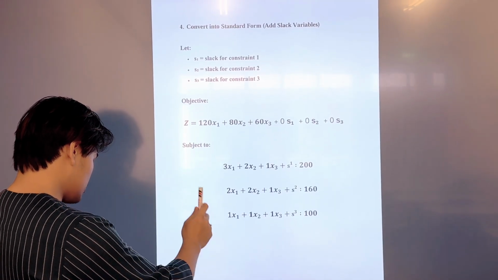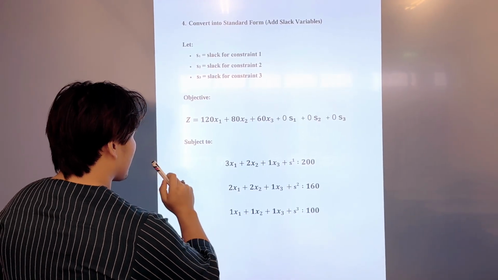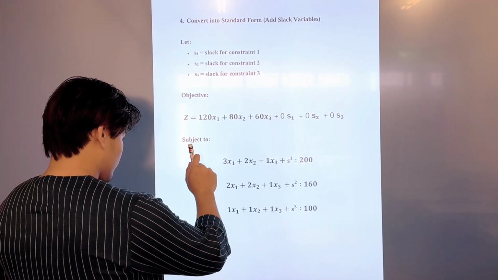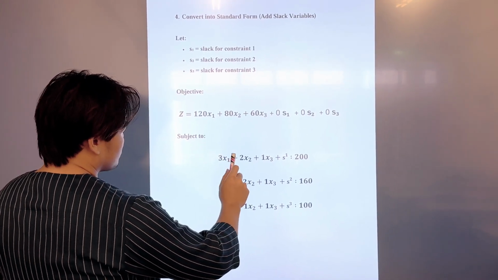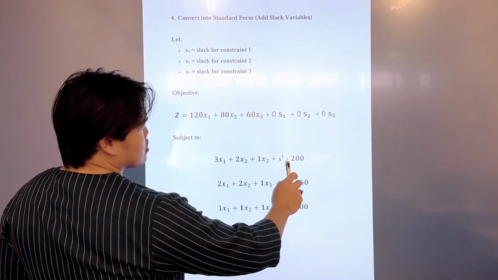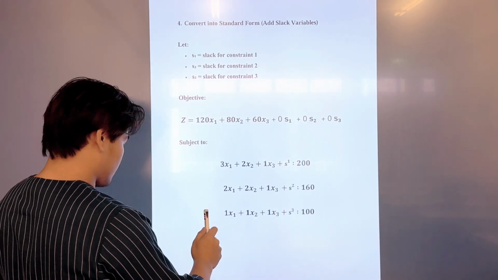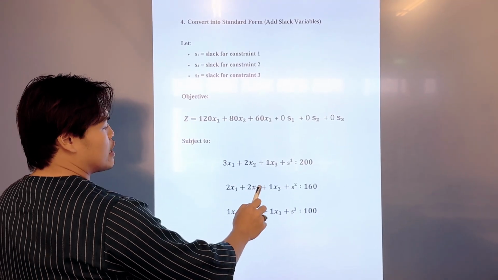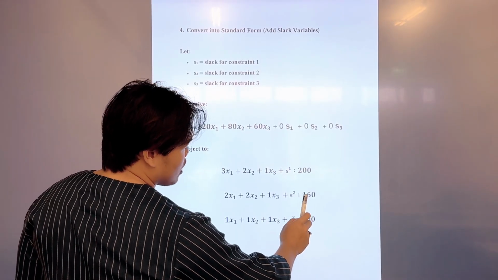Simultaneously, our structural constraints shift into exact equalities. For operation A: 3x1 plus 2x2 plus 1x3 plus s1 equals 200. For operation B: 2x1 plus 2x2 plus 1x3 plus s2 equals 160.